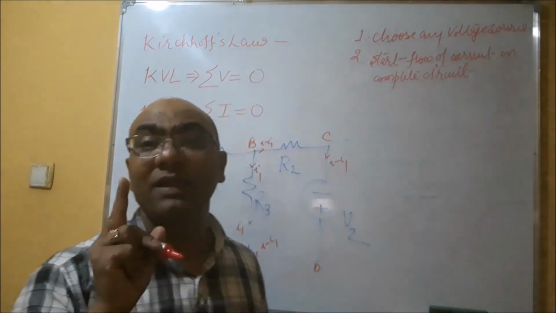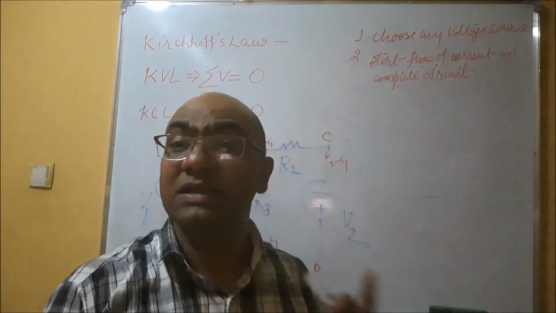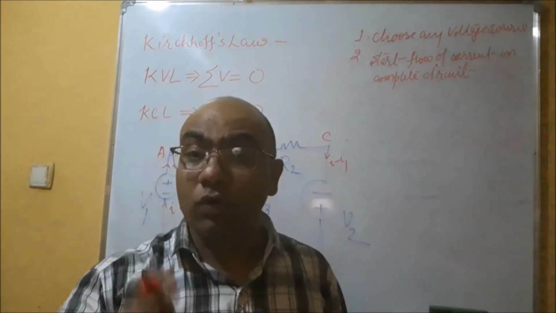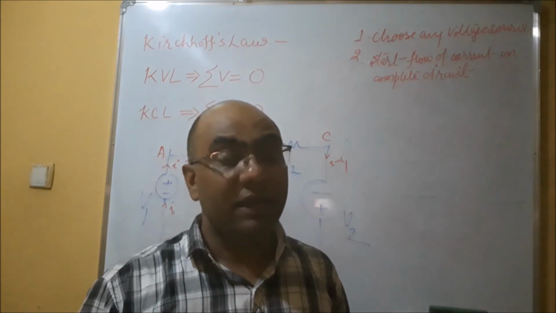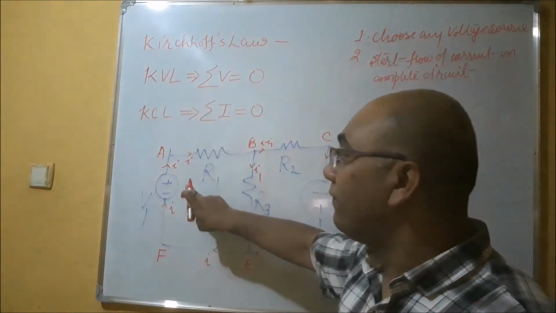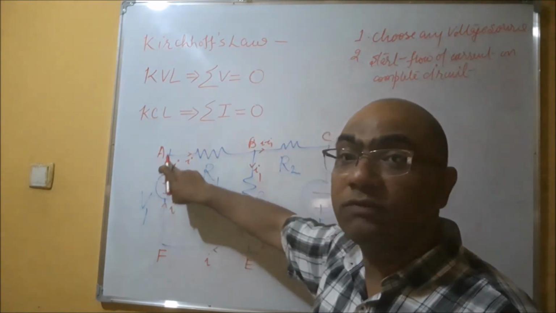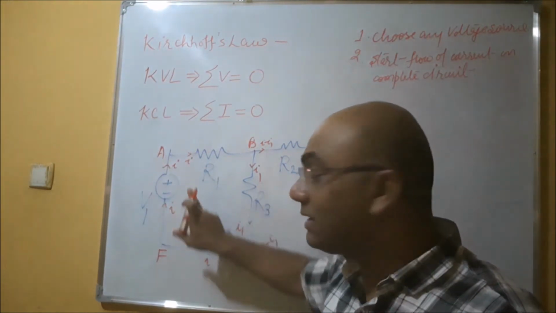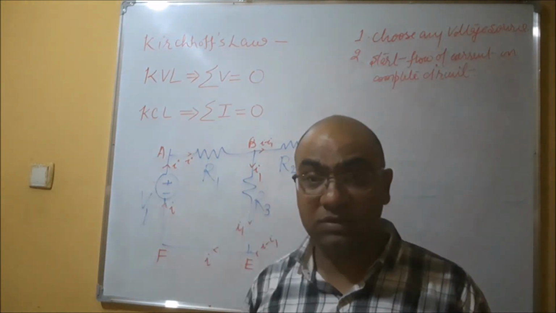The important thing is that if this second point is correct, you are flowing the current correctly in the whole circuit. It can be checked: if the current I is going from this voltage source, then the same current I must come at this voltage source.